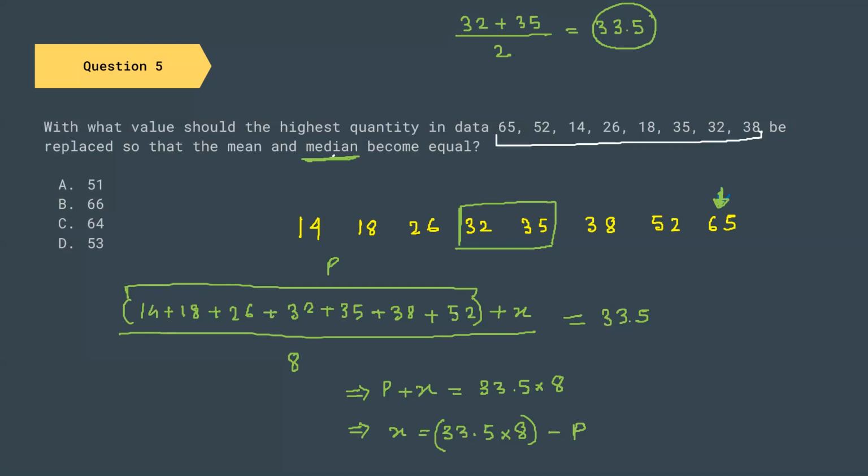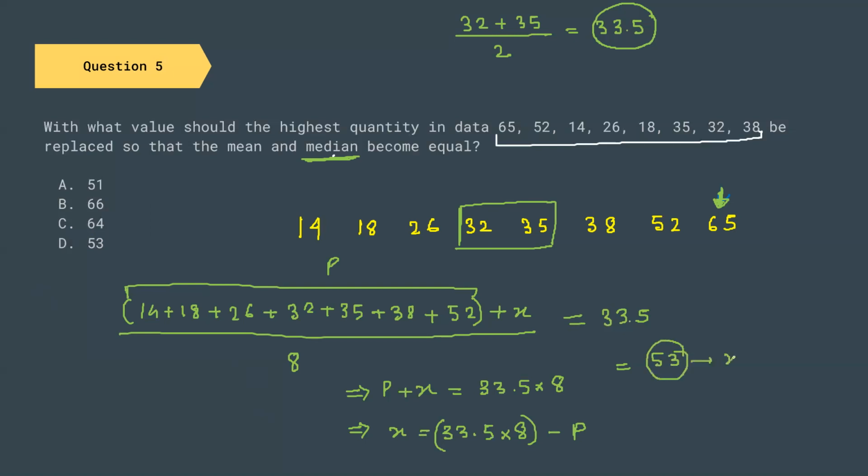If you calculate the value for P, let me take out my calculator. I am just going to do it in a single stroke: 33.5 into 8 minus P. We compute 33.5 multiplied by 8 minus 14 plus 18 plus 26 plus 32 plus 35 plus 38 plus 52, and that gives us 53.